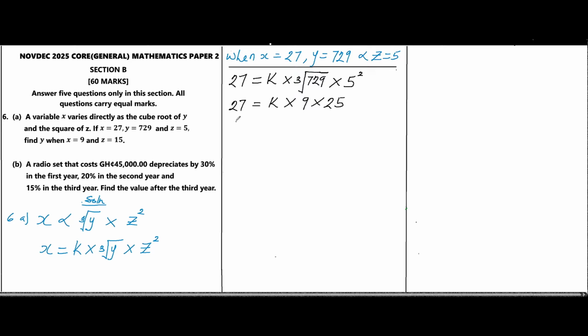So we still have 27. k times 9 times 25. So let's focus on the numbers. 9 times 25, we have 225. So we have 225 k. We are looking for k, so we divide both sides by 225.